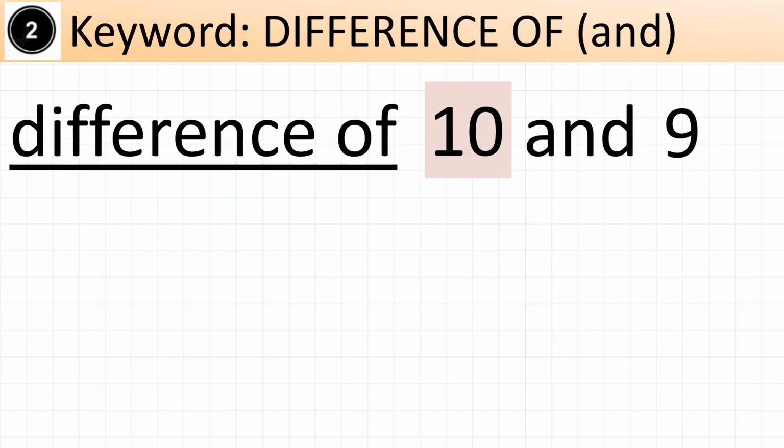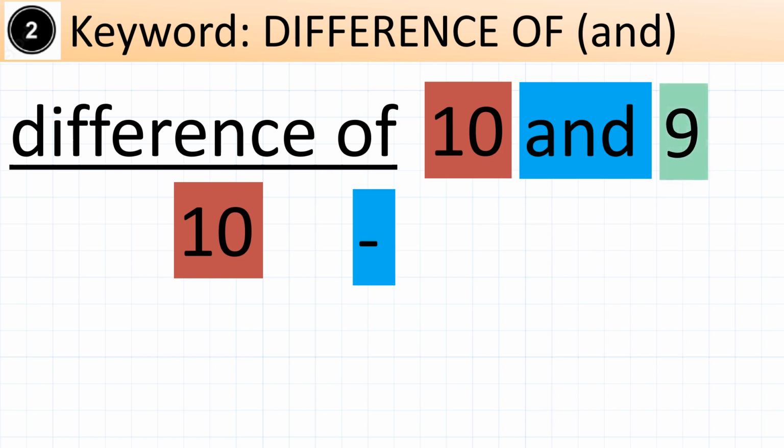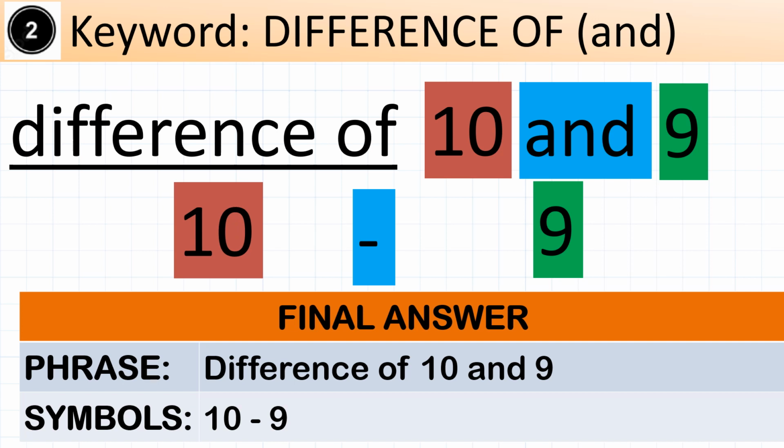So we copy 10. The word and means subtraction. Since there's already a keyword there, difference of, we translate and to a minus sign. And then 9. So the difference of 10 and 9 is translated to 10 minus 9. And that is our final answer.